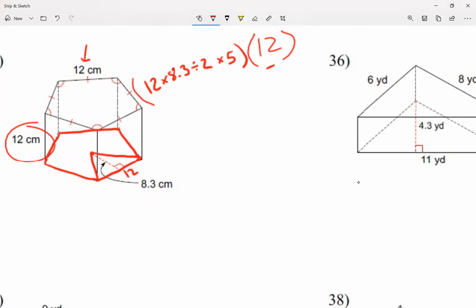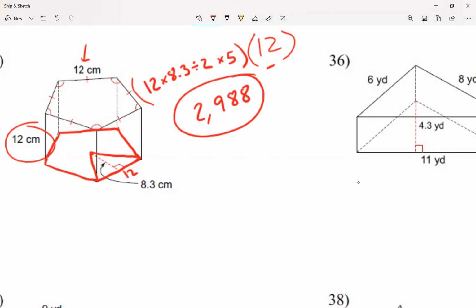My result, I get 2,988. Now, in some cases our answers are going to be decimals. Make sure you round to the nearest tenth, right? Tenth sounds like a 10, like a 1 with a 0. So nearest tenth means 1 decimal place.